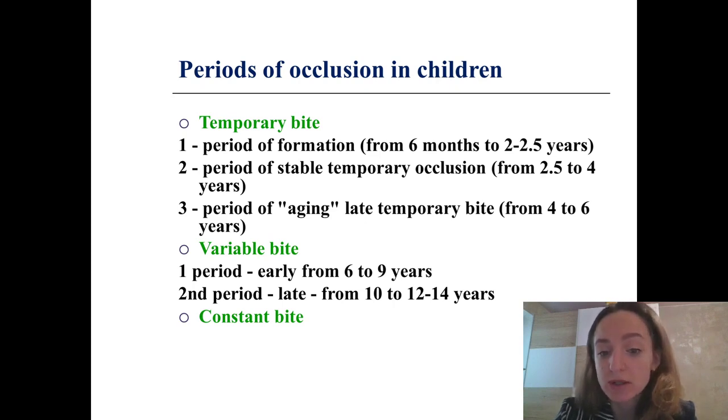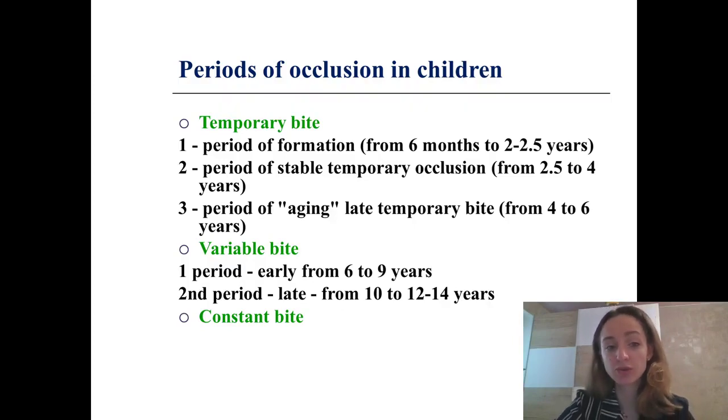Teeth and supporting tissues, periods of occlusion in children. We have three types of period. First type is temporary bite, and here you can see three periods also.